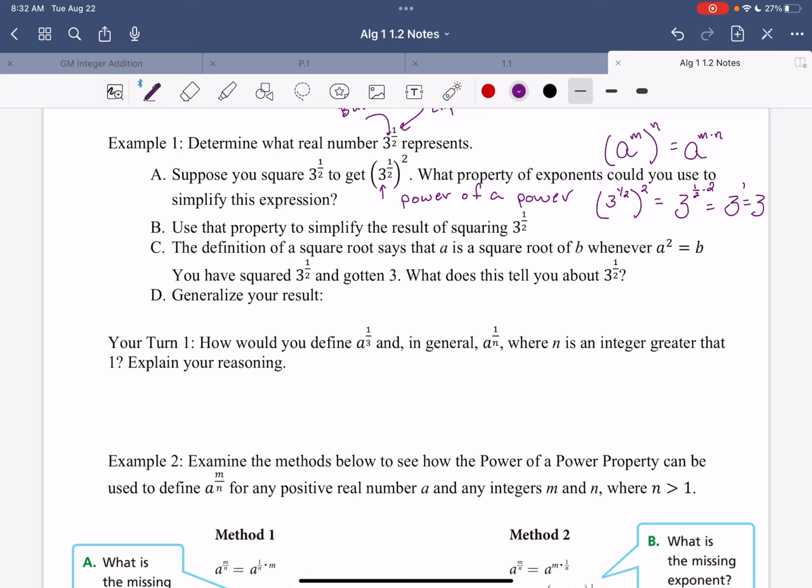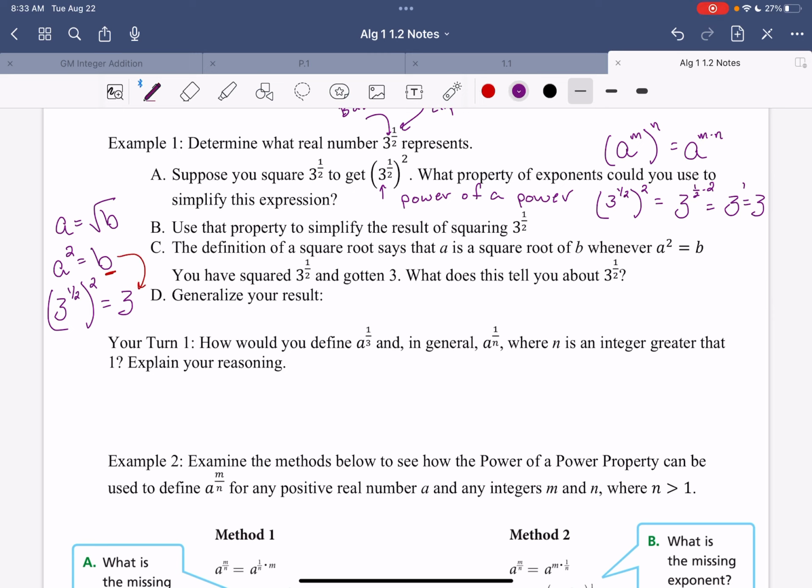So that A equals the square root of B whenever A squared equals B. Okay, so basically we took 3 to the 1/2 and squared it, and we got 3. So let's look to see what place is which. My B, it looks like, is the 3.